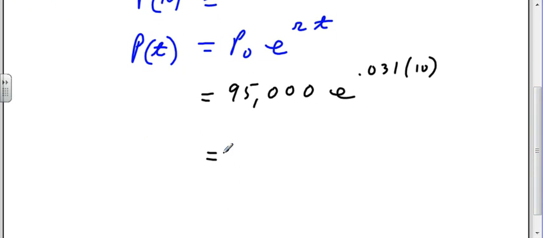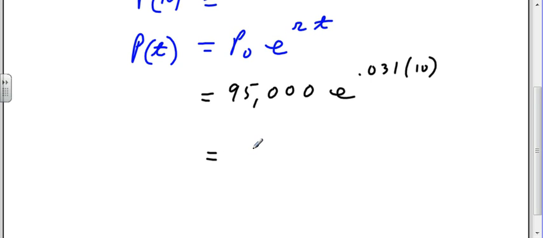And now the issue is, do we want to show it earlier than before chapter 29? And the answer is probably no. You're probably not interested in that. 95000 times e raised to the 0.31.